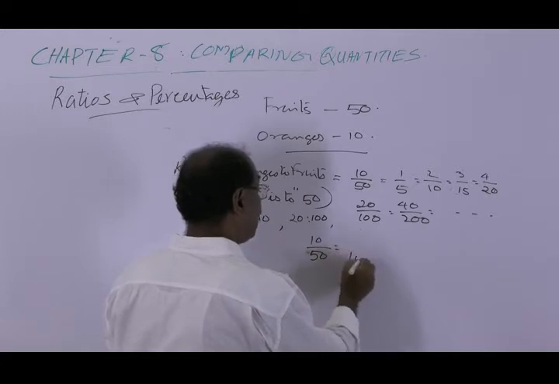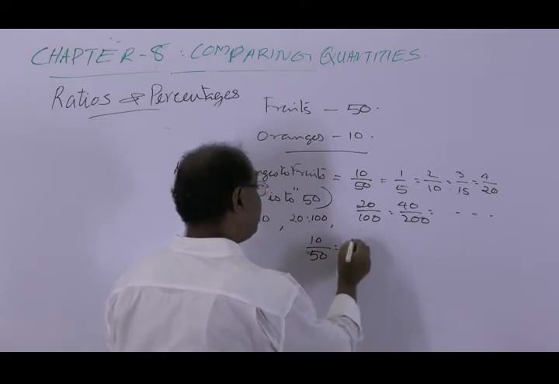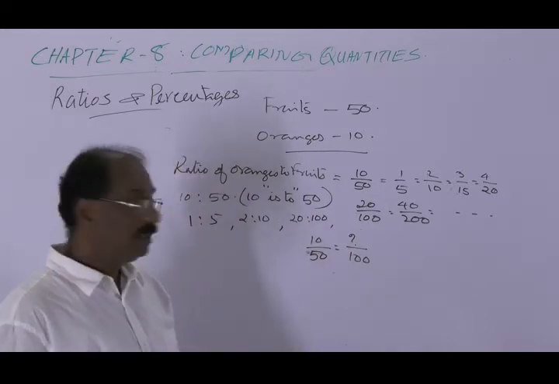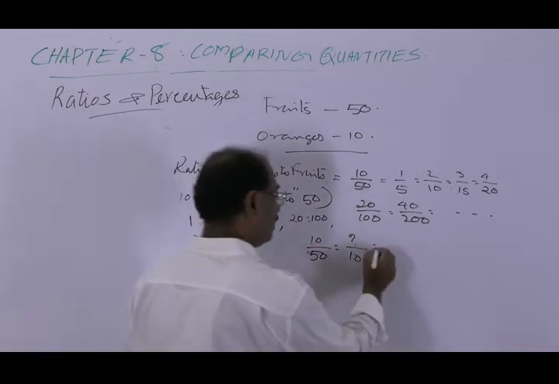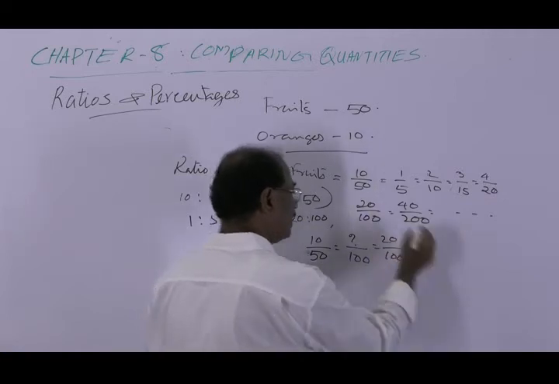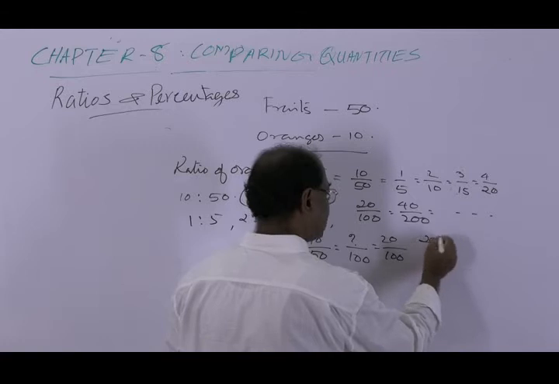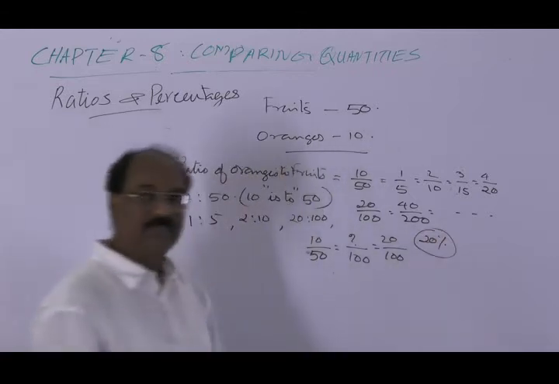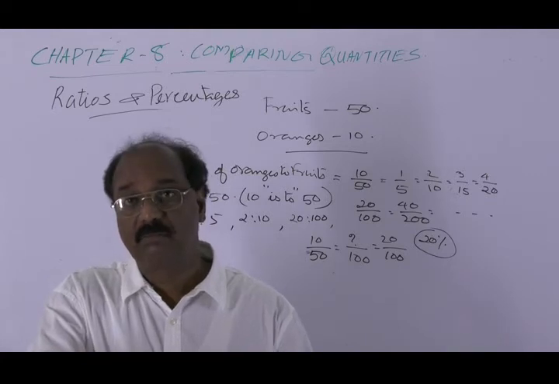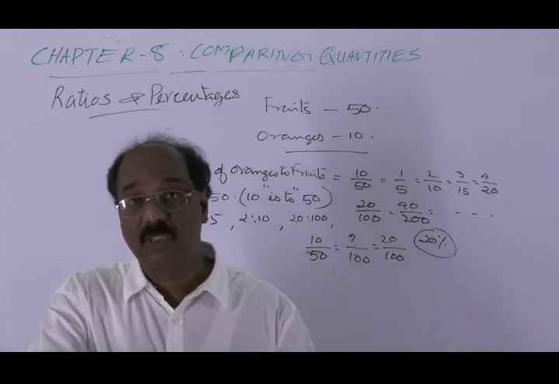And then how many for 100? For 100, 20. So the percentage is 20%. In the collection of fruits, 20% are oranges.